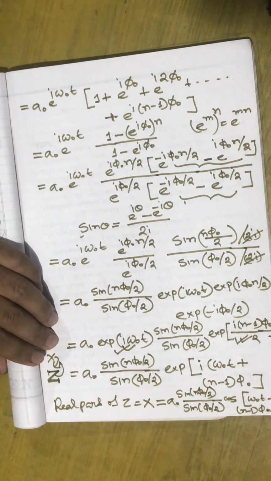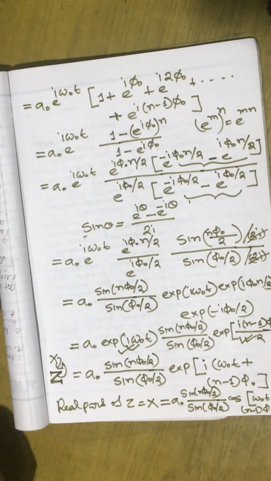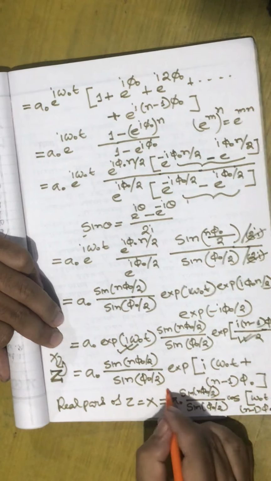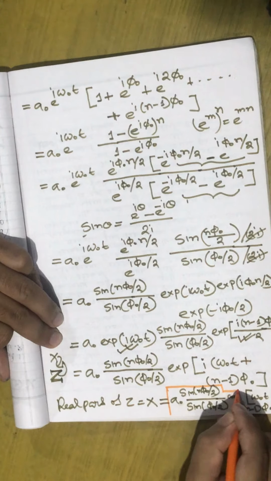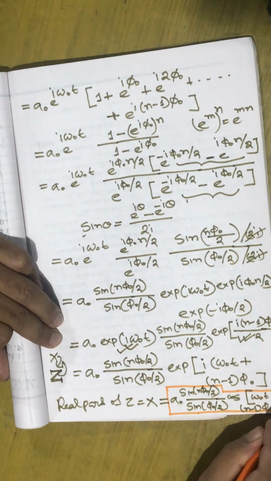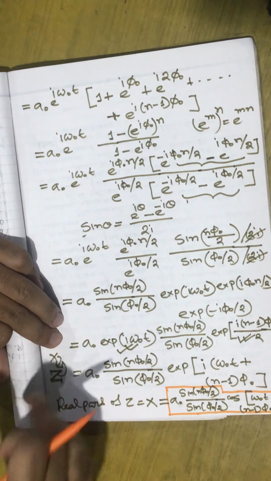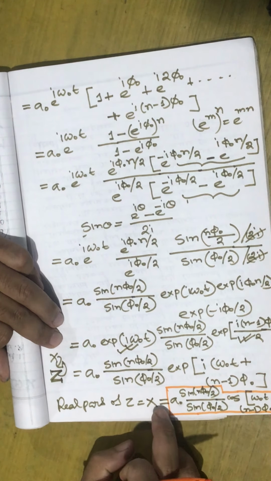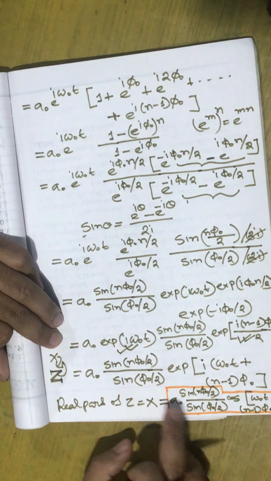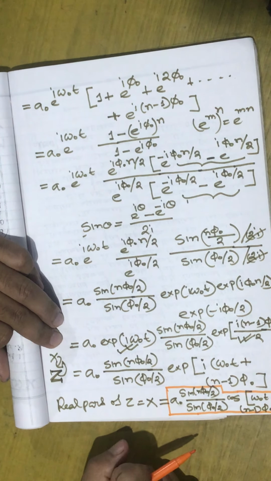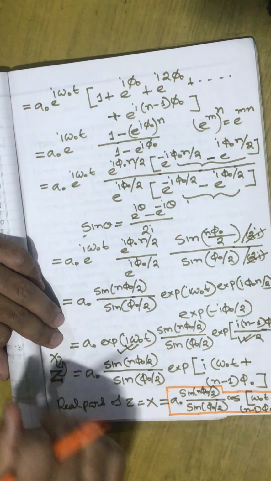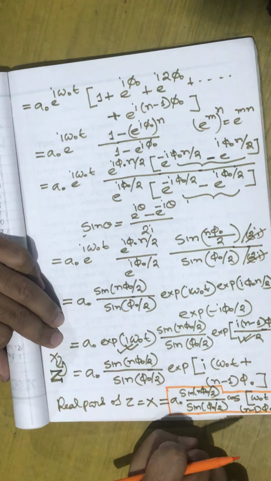So this is the final resultant of the simple harmonic motion when n simple harmonic oscillators having successive phase differences are superimposed. Okay, so in the next part of the video I am going to plot the amplitude of this resultant vibration as a function of phase difference. It can be found in the next part of the video.